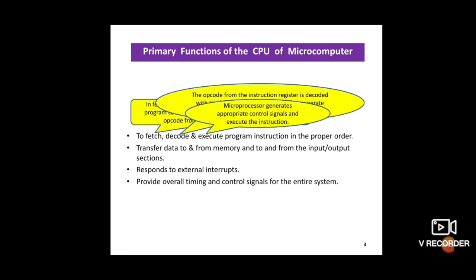When data is entered in the microprocessor for executing, at that time the microprocessor unit provides the timing and control signals for the entire program, so it will be executed. This is the primary function of the CPU of a microcomputer. This question is asked many times in board papers for 3 marks. So remember these 4 points.